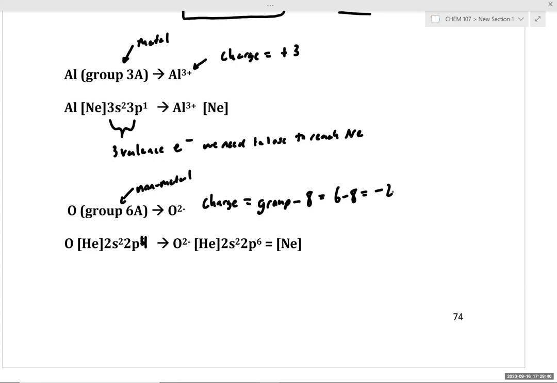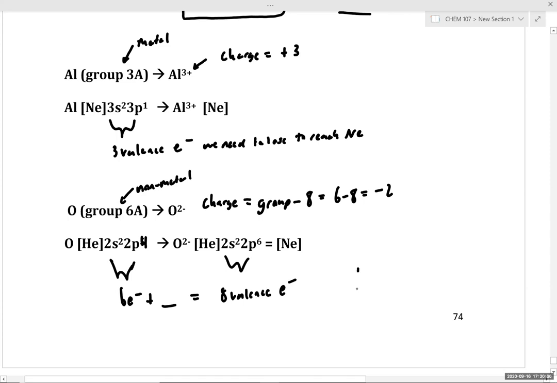To help you visualize this from the perspective of electron configurations, if we have 6 valence electrons, how many do we need to gain to reach 8 valence electrons?